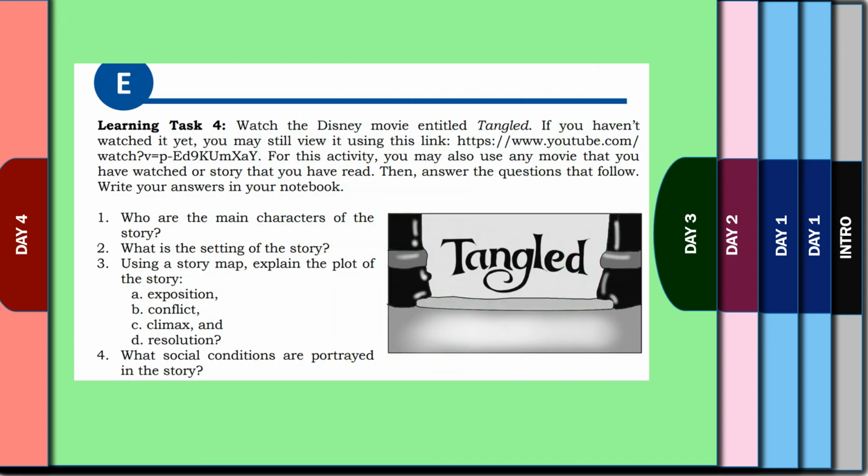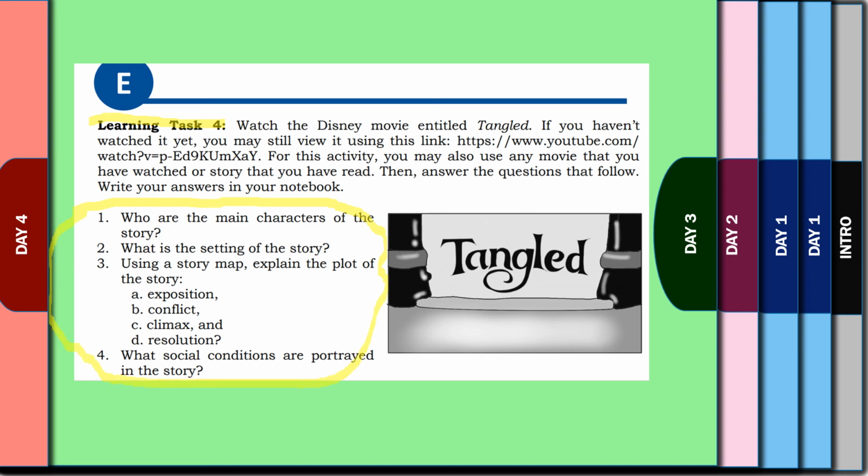Let's proceed to day 3. For day 3, we do have learning task 4. If you're going to observe, it is just the same as learning task 3 on day 2. All you have to do is to watch a movie, but this time not dubbed, an English movie, and again, identify the following in the movie.